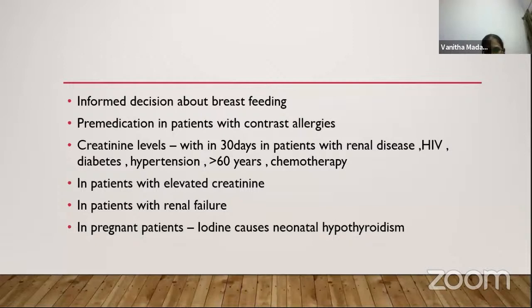And in patients with renal failure, it is always advisable to avoid the contrast procedure. However, it can be given, but it worsens the patient's renal dysfunction later on, requiring dialysis.